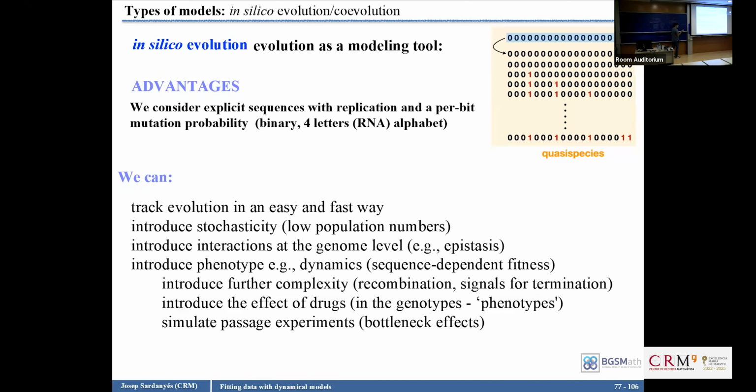So they have like 8, 9, 10,000 nucleotides. Epistasis is this: I have a genome, genome 1. I represent it with bits, but it doesn't matter. I introduce a mutation, and this genome has a very high fitness. It means that a virus with this genome replicates with probability 1.